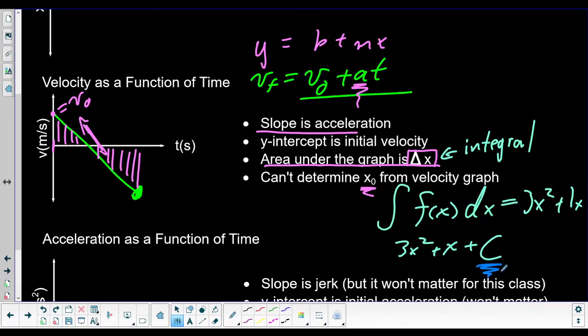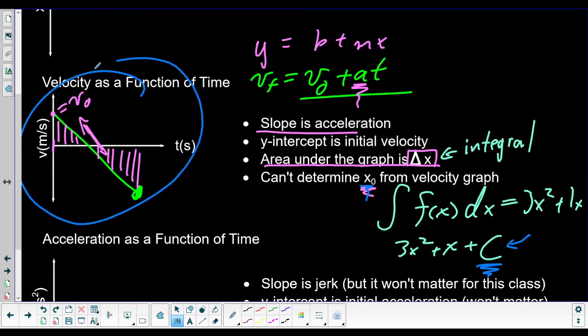It means plus some unknown constant we cannot determine. You have to tell it to me. This plus c in math corresponds to things like initial displacement or initial velocities. It's an initial condition that you can't figure out from this graph. Someone has to tell it to you. And we'll look at why this happens on the next slide.